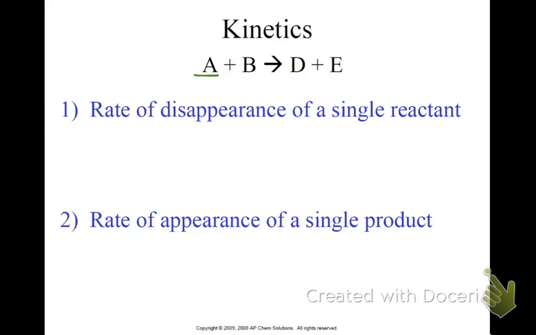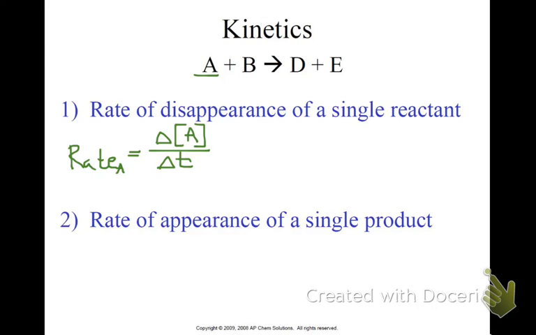Remembering that rate is always change in something over change in time, let's take a look at the rate of A. We use rate subscript A since we're looking at the rate of the disappearance of A. For that, it would be the change in the concentration of A divided by the change in time, or the time over which that change in concentration occurs.